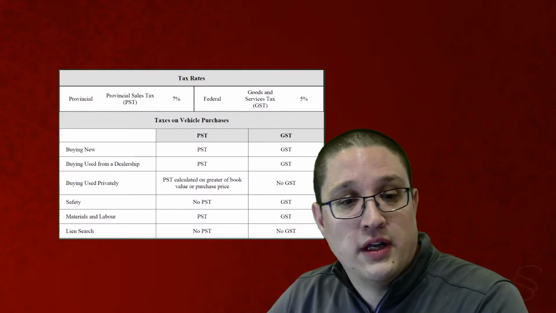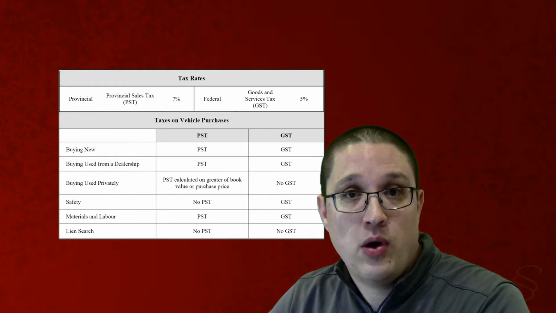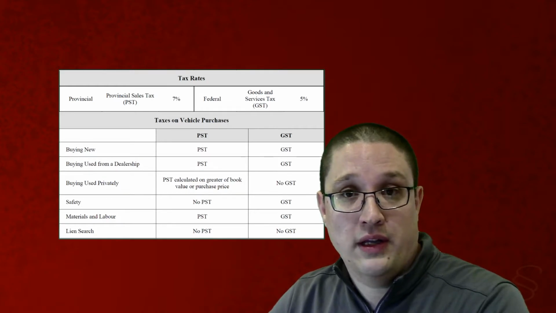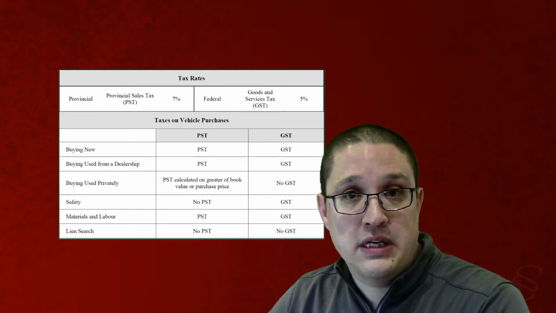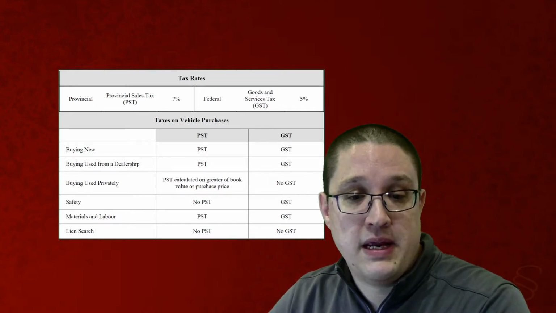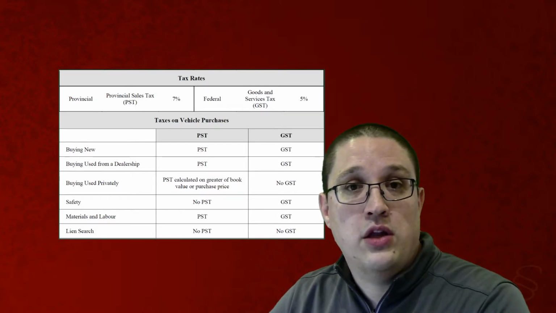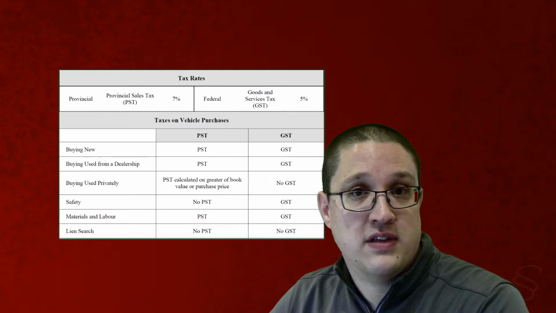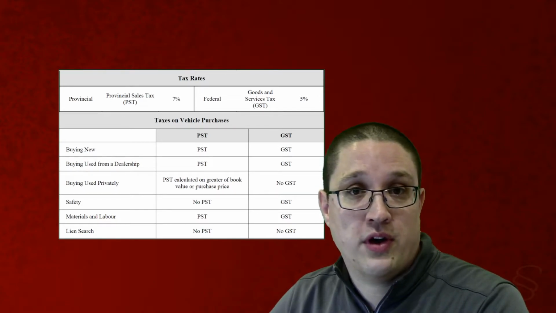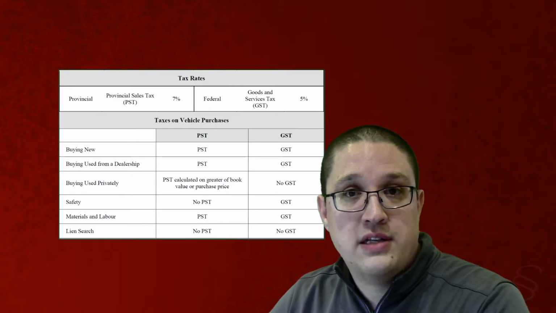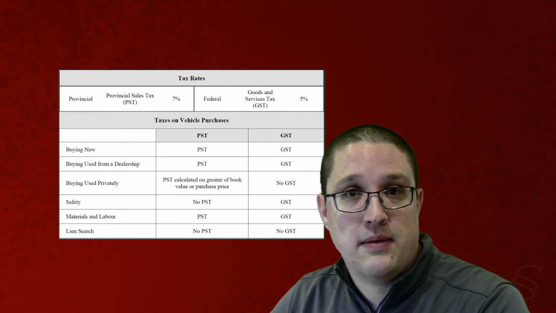When you're purchasing a used vehicle, purchasing from a dealership or from a private sale is a little bit different in terms of calculations. When you're purchasing used from a dealership, you pay PST and GST as normal. When you're buying used privately, say from your friend or from someone you found on Kijiji or AutoTrader, you do not need to pay GST, but you do need to pay PST.